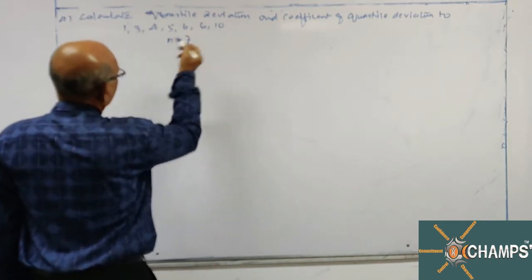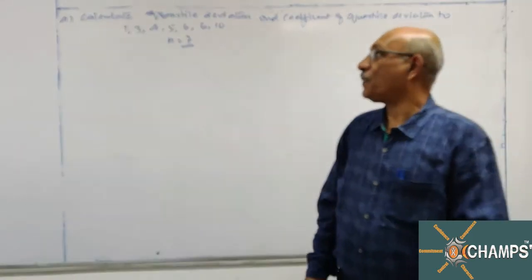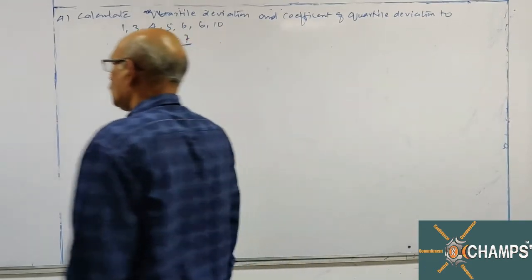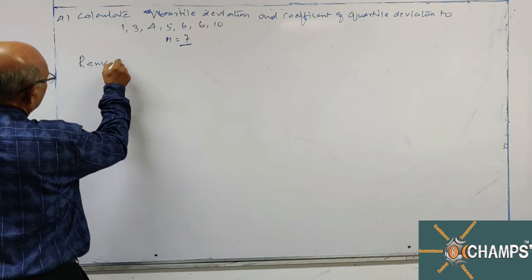N is equal to 7. So this is individual observations. Data is individual observations, so you have to find the rank and value of Q1 and Q3.